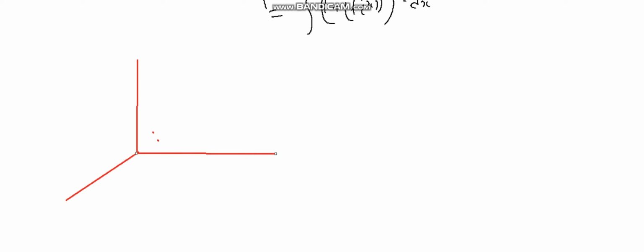Okay, and we have one smooth surface, right? Now, double integration here measures the surface area of this curve. Okay, so we will have to calculate the formula for that, right?